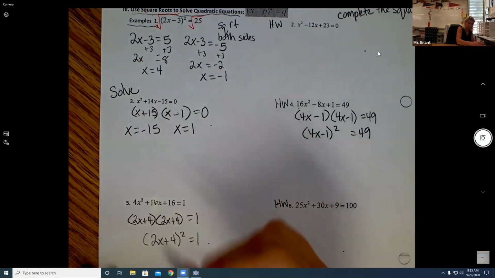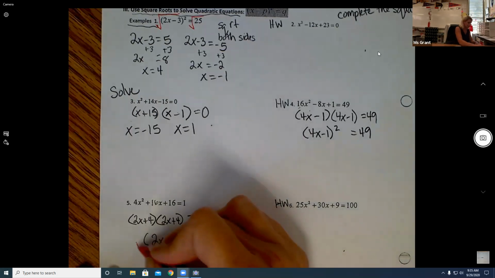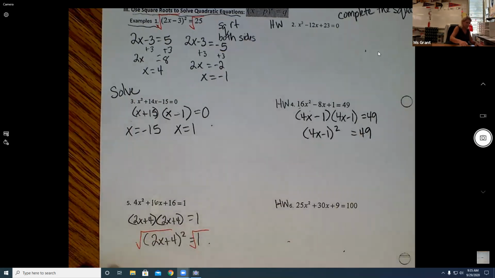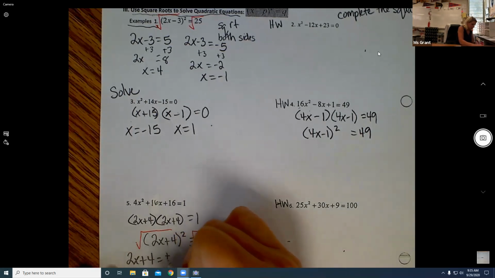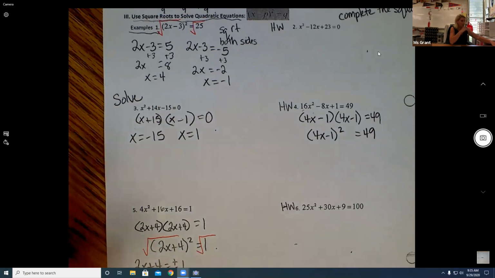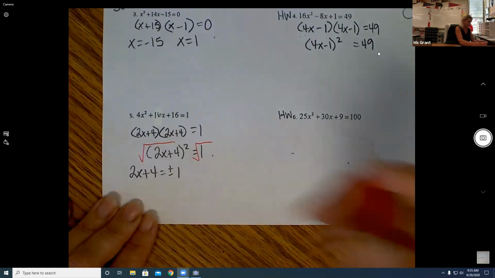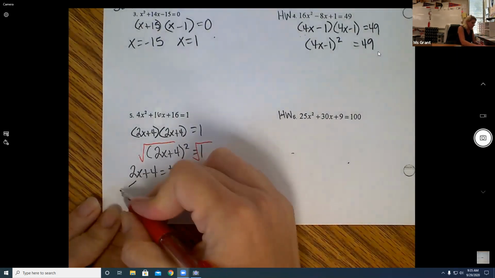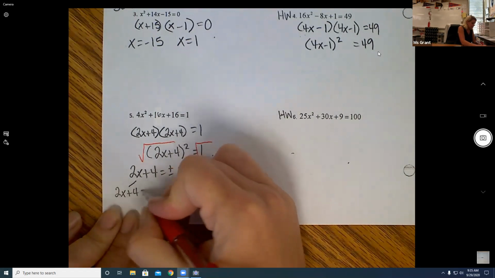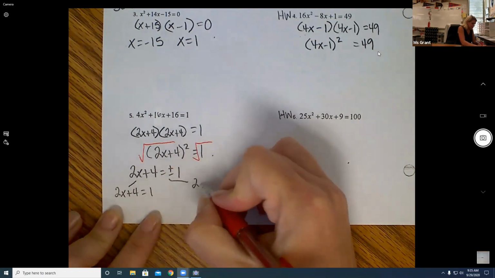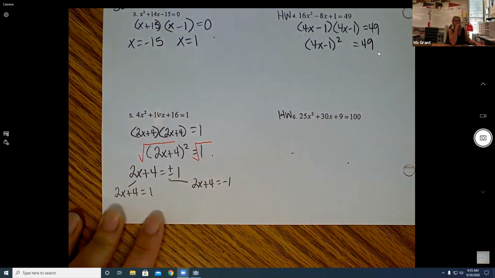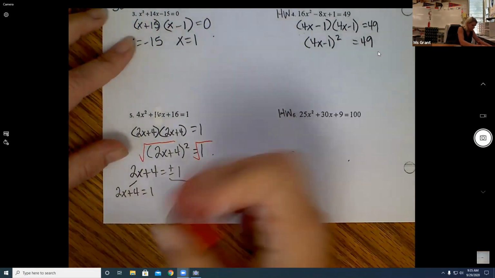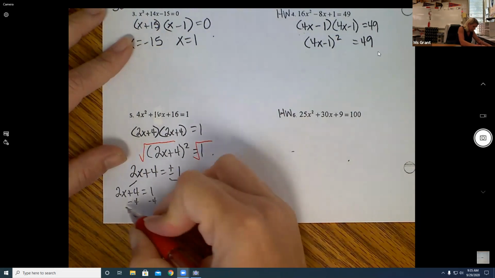Okay. Square root both sides. 2x plus 4 equals plus or minus 1. So split it up. 2x plus 4 equals 1. 2x plus 4 equals negative 1. Minus the 4.